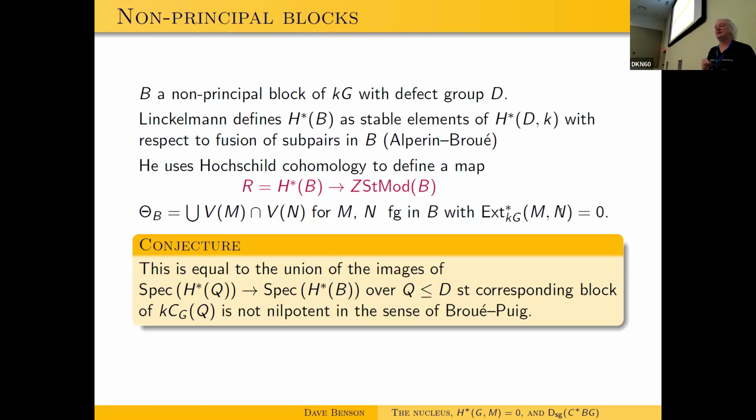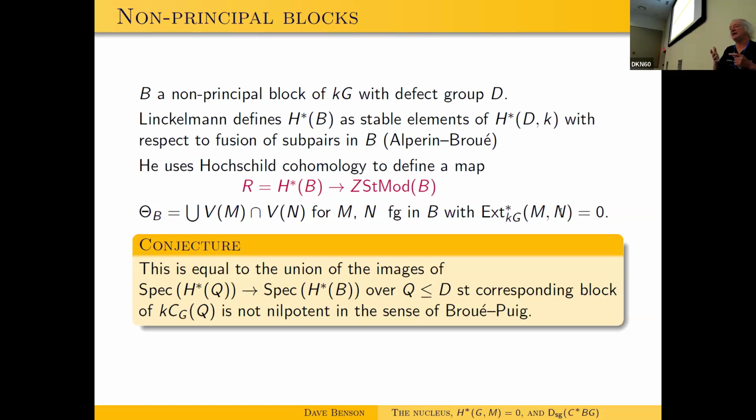So you take the union over all M and N finitely generated in the block of the intersection of the support varieties of modules that have no Ext star, which is really this Hom star that we were talking about on the previous page. Well, the Hom star is actually the Ext hat star, to be honest. It's the Tate cohomology.